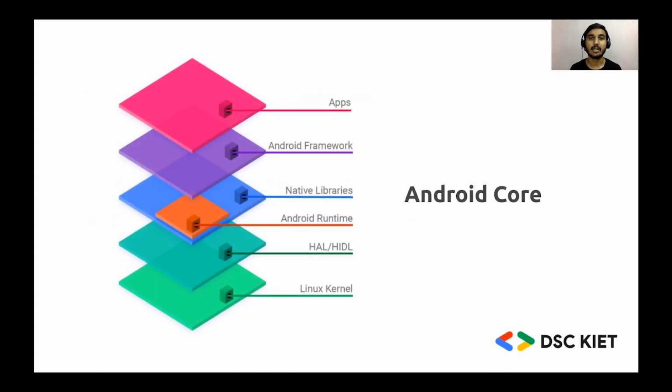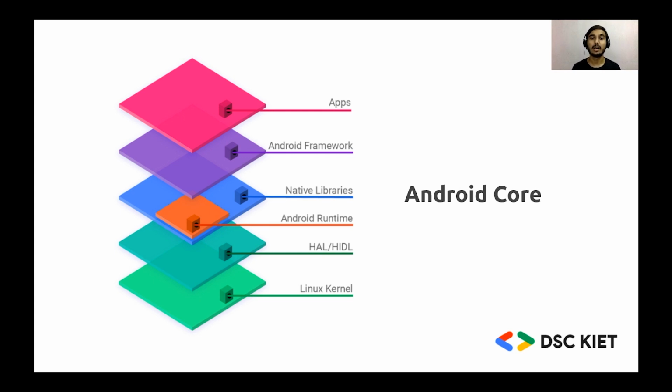As I was saying, the Android operating system is built on top of the Linux kernel, so let's have a quick look at how exactly it is. Here we have the application layer on top, which is our actual app, running on top of the Android framework, which is nothing but our operating system. Below that we have a set of libraries and the Android runtime, which provide an interface so that we can access the resources required by our application, which is making requests to the operating system.